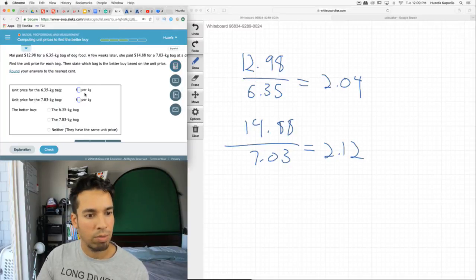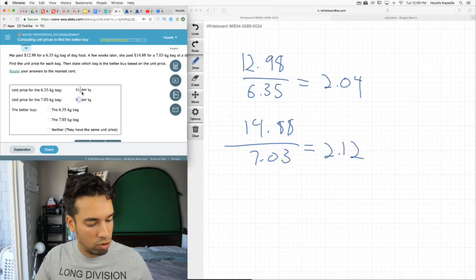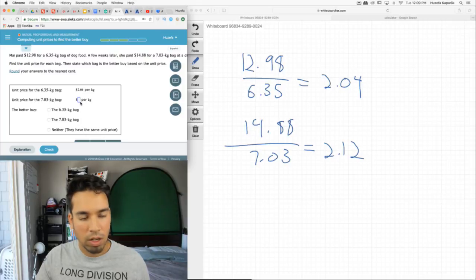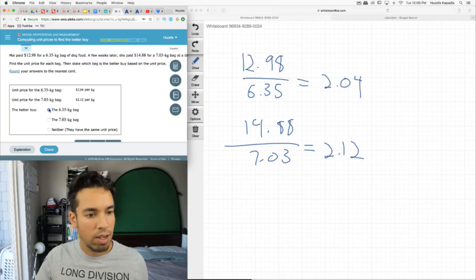All right, there we go. That's our price per kilogram. So 2.04 and 2.12. So which one's a better buy? This one's cheaper, right? So the 6.35 is a better buy.